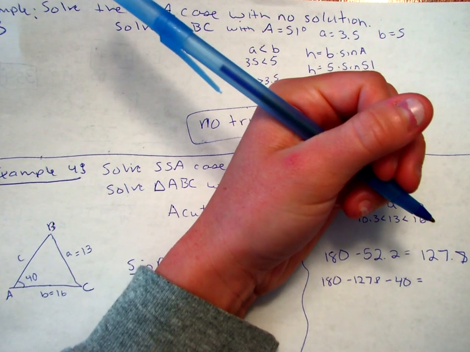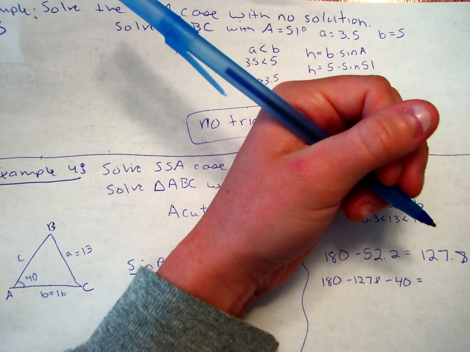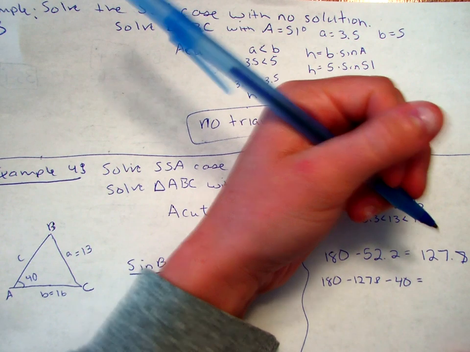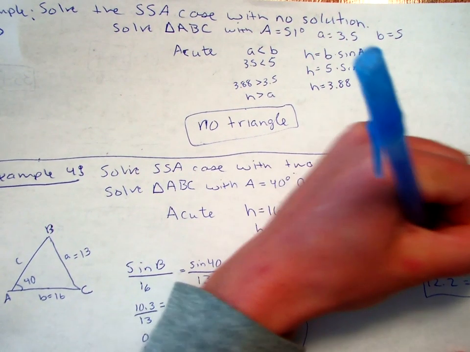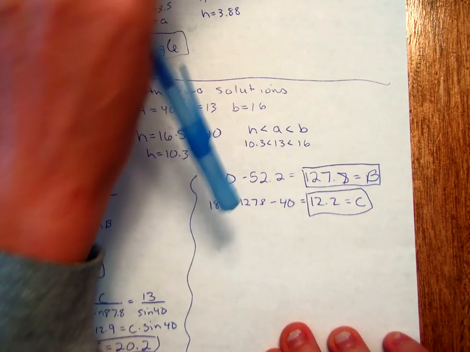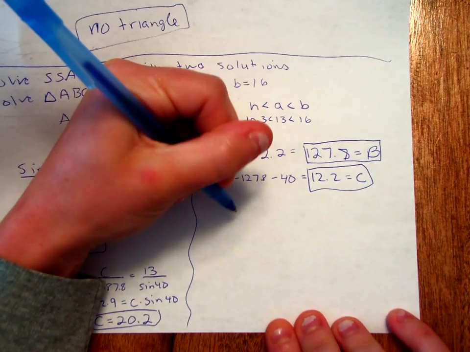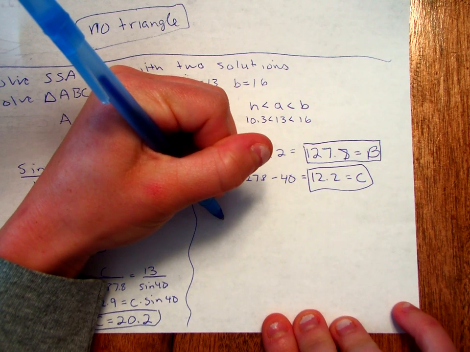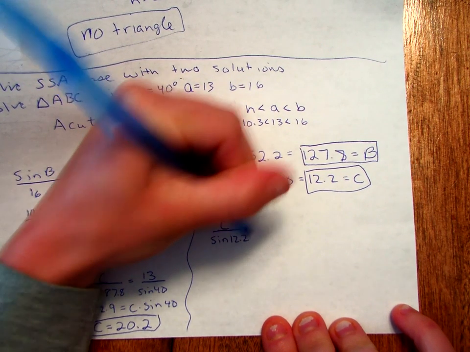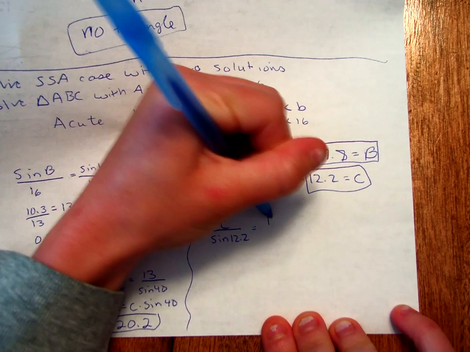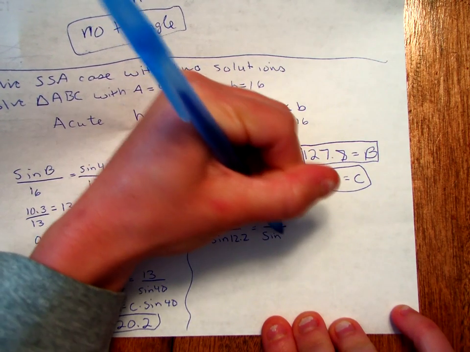180 minus 127.8 minus 40 equals 12.2, which is angle C. So now we have B and we have C, and now we need small c. So we have to do c over sine of 12.2 equals 13 over sine of 40.